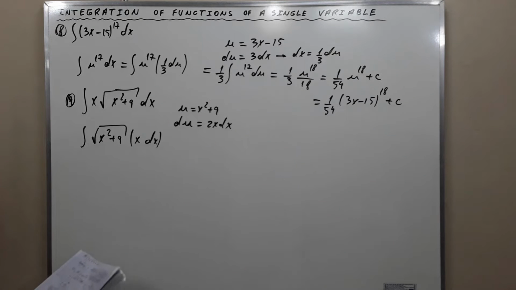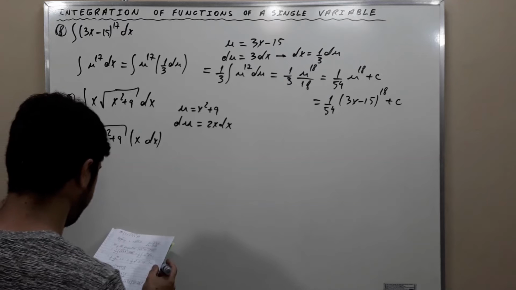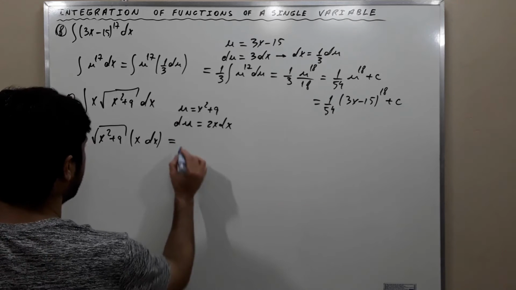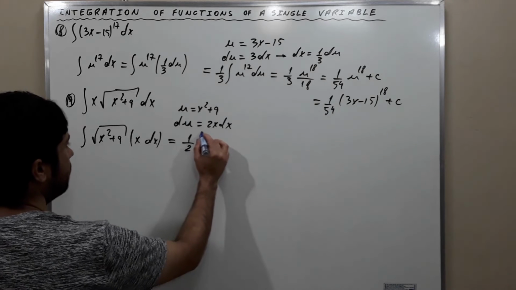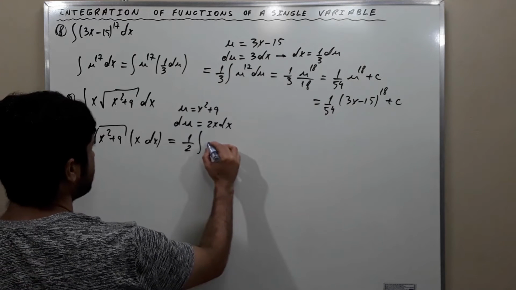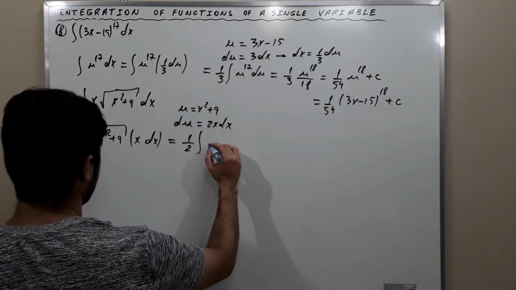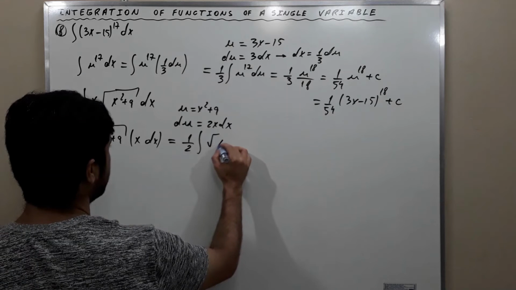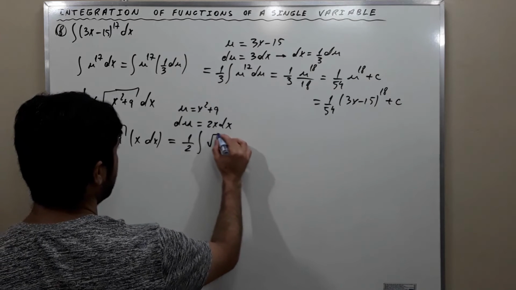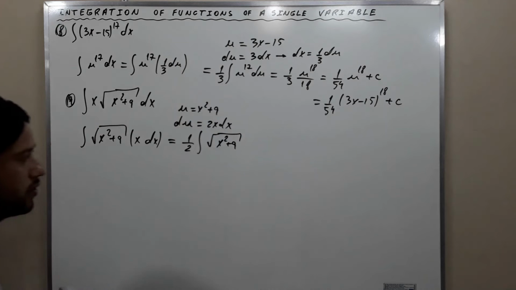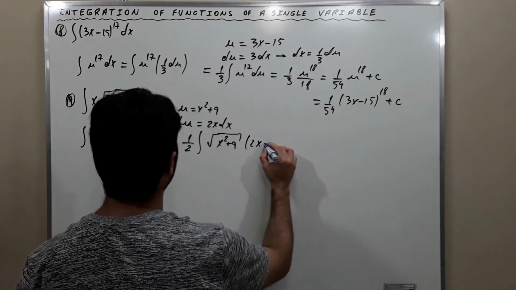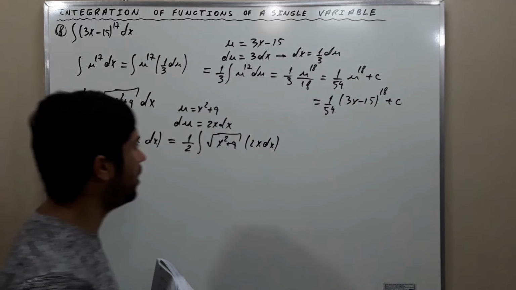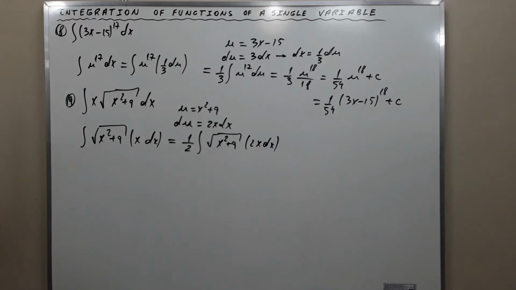To make the 2 appear, I'm going to have to multiply it all by a half. So I multiply it all by a half, okay? And I use the square root of x squared plus 9, 2x dx. Now I have everything that I need.